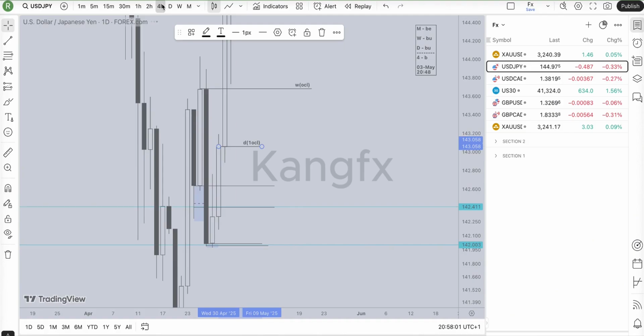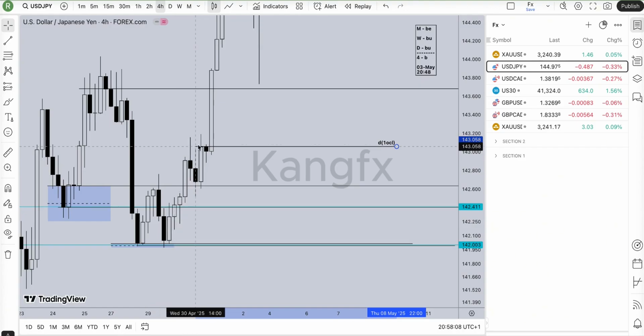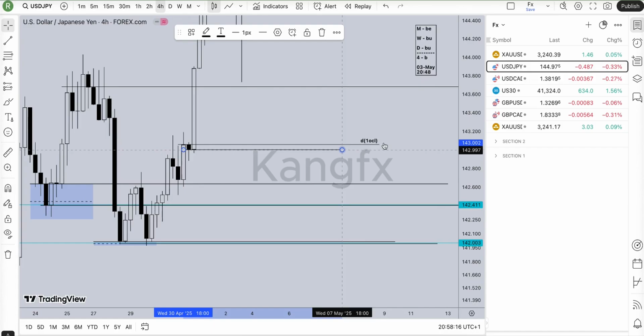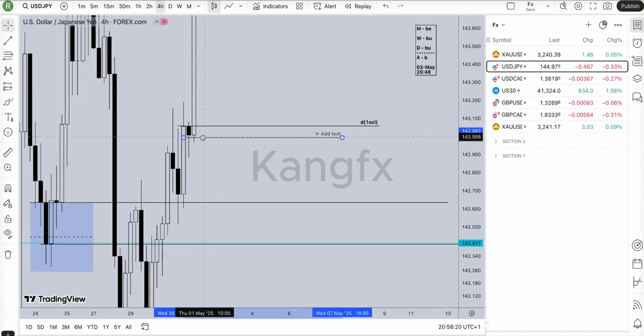If I go to 4 hour, because 4 hour is going to be our SCFL. On 4 hour, yes, we have a valid key level, which is, now we have this support here. This is the support on STFL. We have this now, a very fresh support. This is on daily.